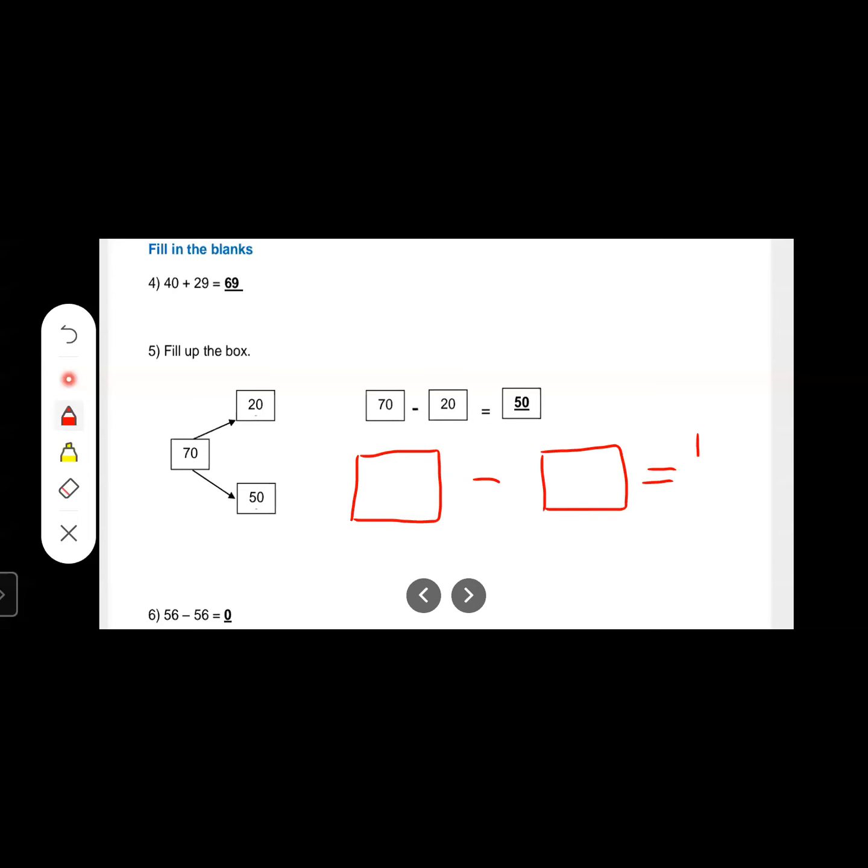Bigger number, right? First we took bigger number. What is a bigger number? Type it in the chat box. 70 is bigger, or 20 or 50. Yes, very good. 70 is the bigger number.